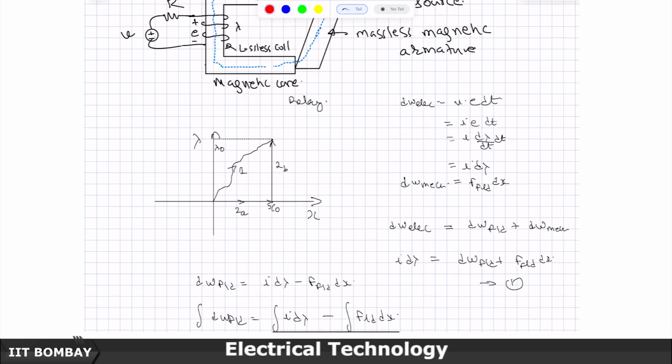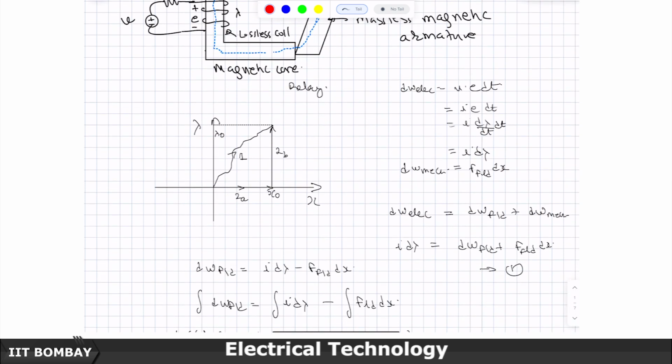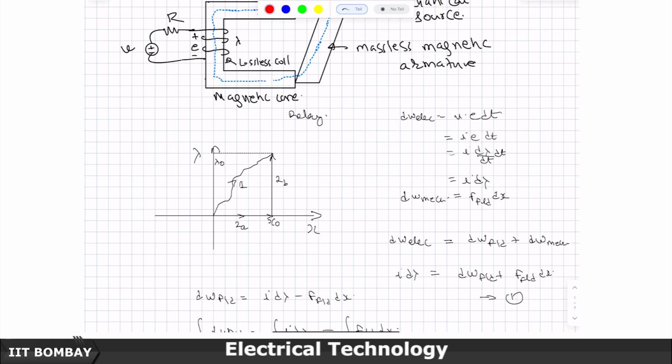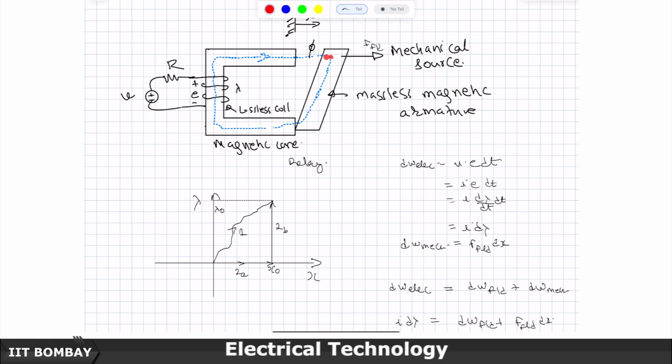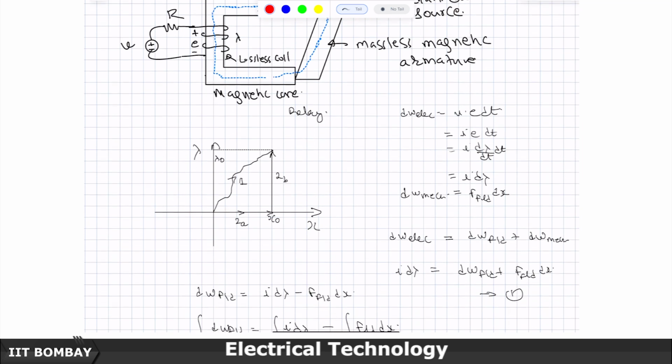Now, let us say that this is our final position on the lambda-x plane. At the final position we are going to set lambda using this voltage source, and of course x we want to bring up to some point x naught. So, that is where we are going to stop.